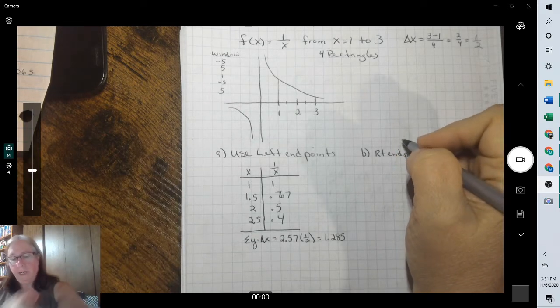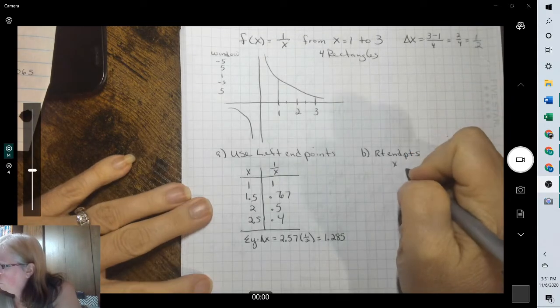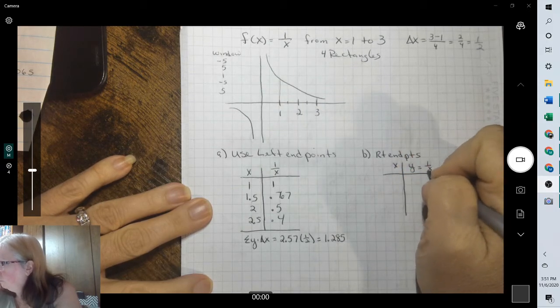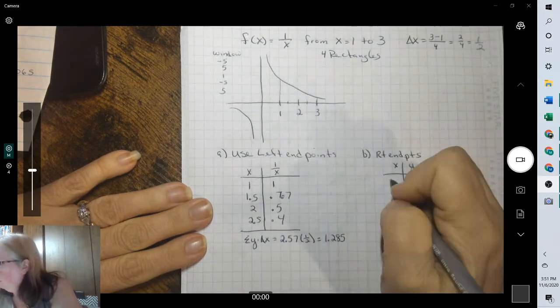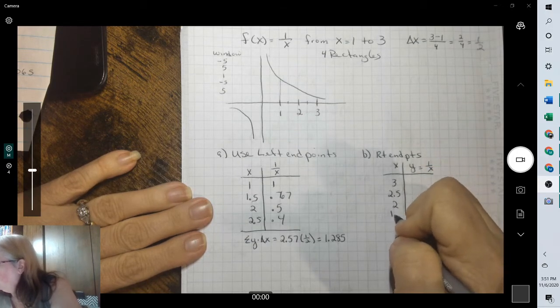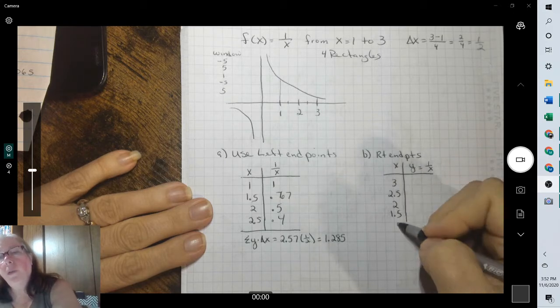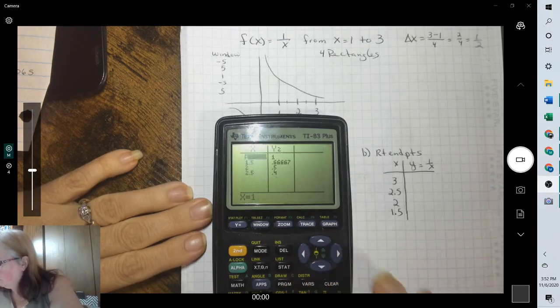The next one is the right endpoints. Well, the right endpoints start on this end. So we're going 3 and going downward. So 3, 2.5, 2, 1.5. Keep subtracting that half. And you stop when you have 4. So then we'll plug these values in. 3, 2.5, 2, and 1.5.